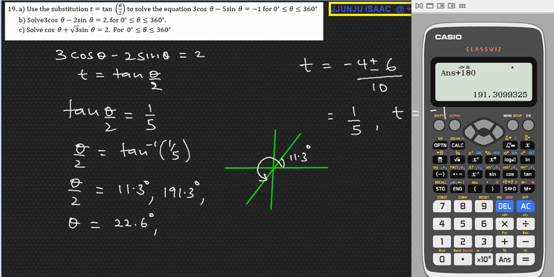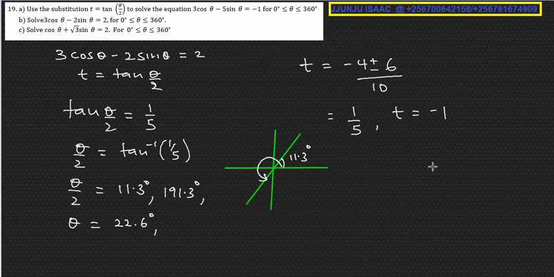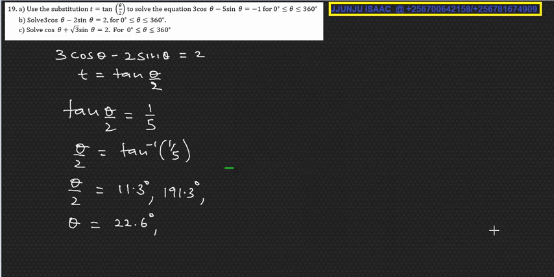Now this one, 191.3 times 2, we get 382. This is out of the range, so we shall stop there. Now let us see when t is negative 1.